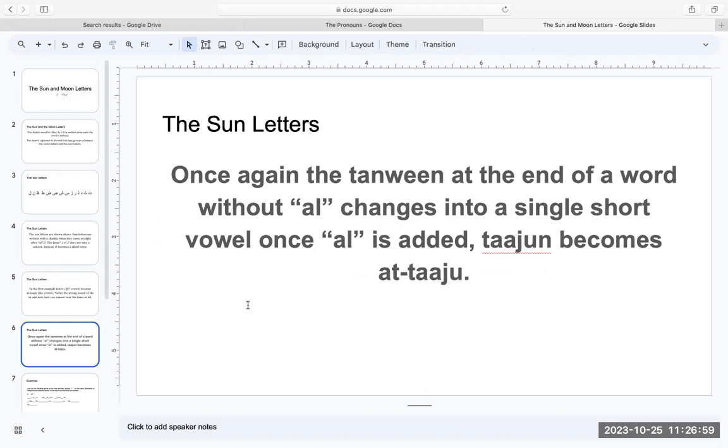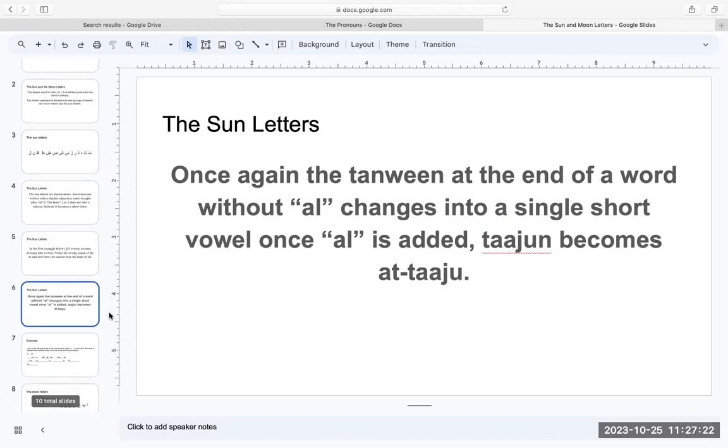This is exactly what I just told you: the tanween at the end of the word without alif lam changes into a single short vowel, which we name dhamma. When alif lam is added to tajun, it becomes at-taju. Okay, Shabab?